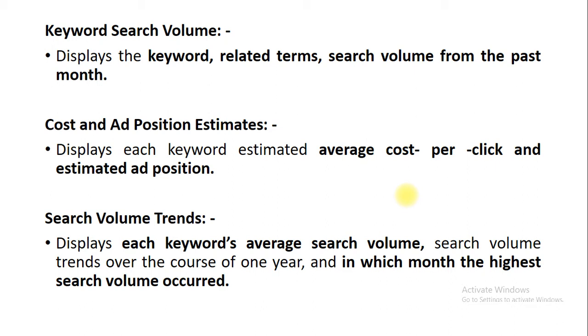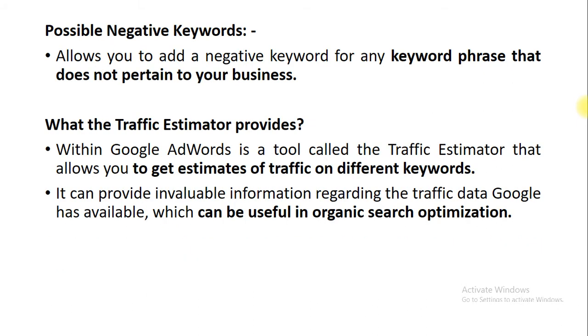That analysis can be done using search volume trends. Within 1 year, in which month the highest volume occurred for a particular keyword can be seen with the search volume trends.